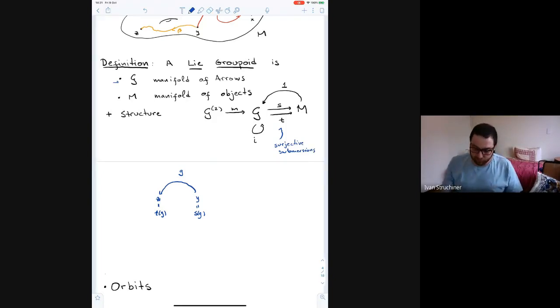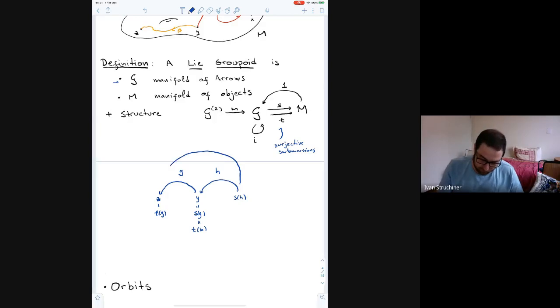And then if you have two arrows which are compatible, right? So you have an arrow H such that the target of H is equal to the source of G. Here's the source of H. Then you get a new arrow, which is the multiplication of G and H, which is an arrow from the source of H to the target of G. So this is this map that I wrote here, the multiplication.